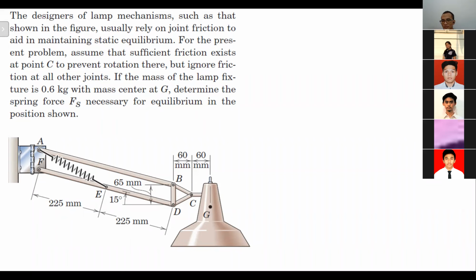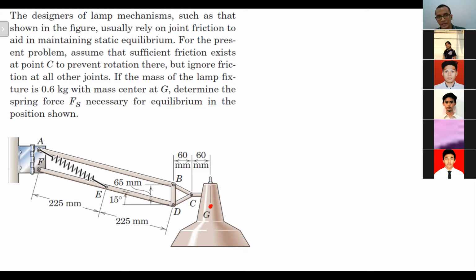Yes, it's a lamp, and it's known that the mass of the lamp is 0.6 kilogram, and it has its center of gravity at this particular point.